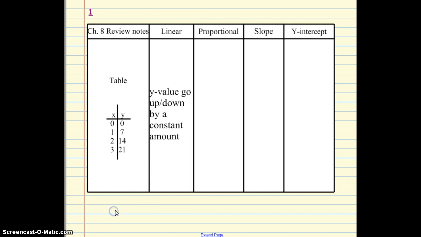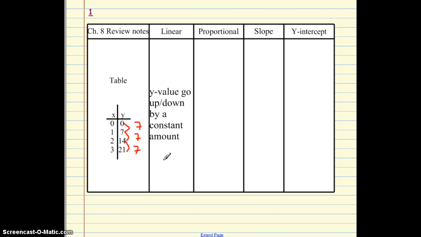So if we take a look at our table, we need to look at our y values and see what's going on. Our y values go from 0 to 7. Well, that's going by 7. Then we go 7 to 14. That's going by 7. And then 14 to 21, that's going by 7.